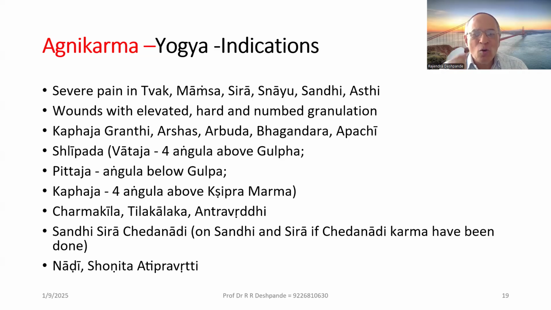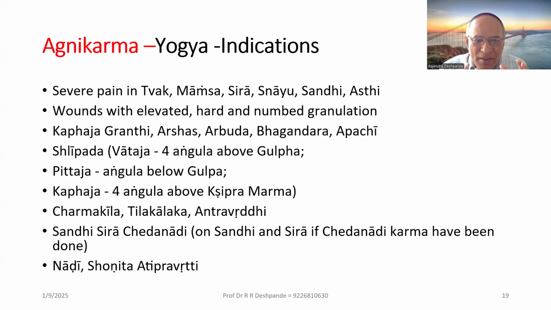Gold rod. We have the gold rod, and whenever a patient comes to us with severe pain at the knee joint or the elbow joint, then we do the spot or dot type of Dahana Karma with Suvarna Shalaka. There is also the Pancha Dhatu Shalaka that we use for this Agni Karma. Then we do the Agni Karma with Mrittika Shalaka. I remember in olden days we used to treat corns on the foot with this Mrittika Shalaka.